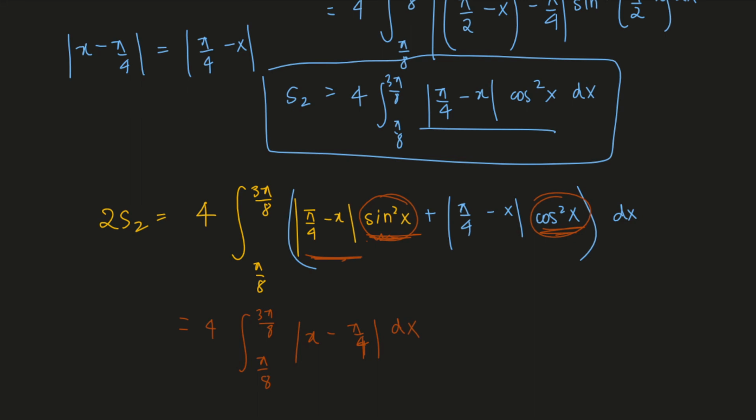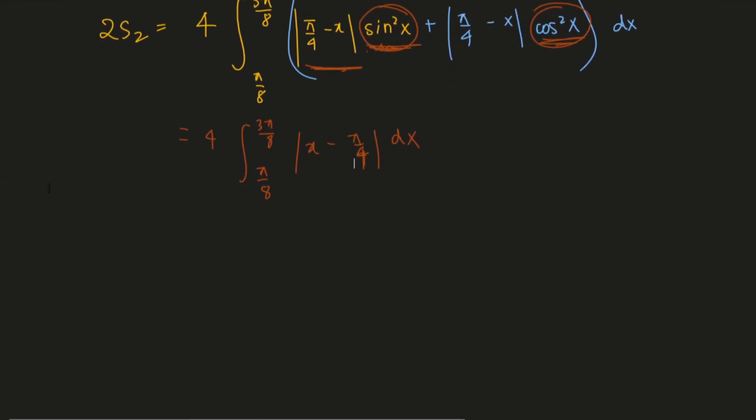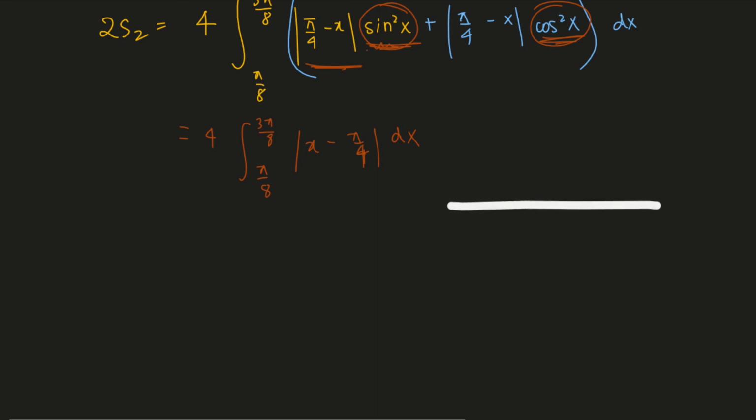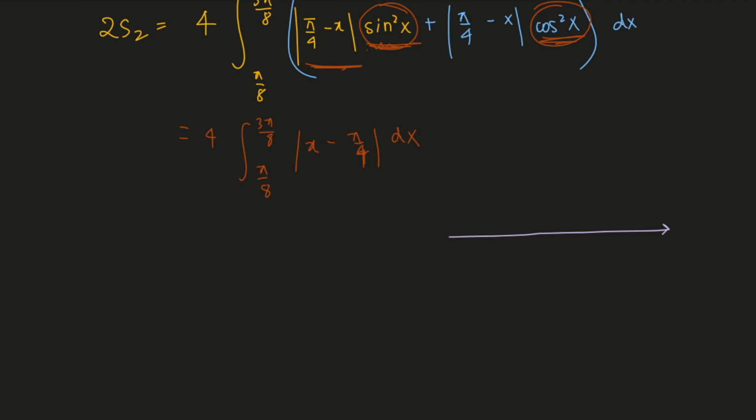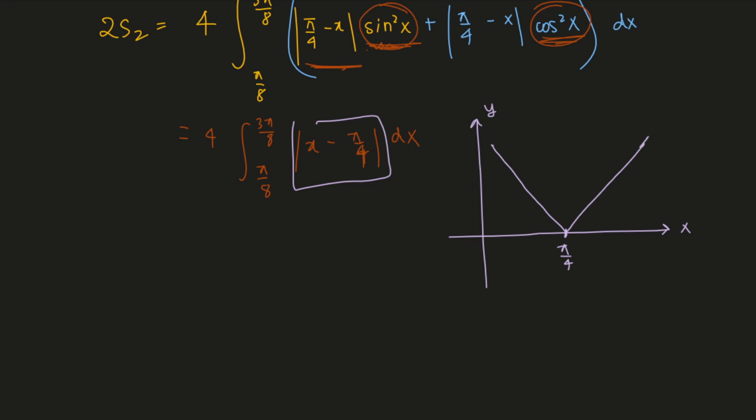What I would like to do is really just go into a graphical approach, because I think it's easier to visualize. If this is the x-axis and this is the y-axis, and if this point right here is pi over 4, the graph of this function, the mod of x minus pi over 4, looks like this, right?